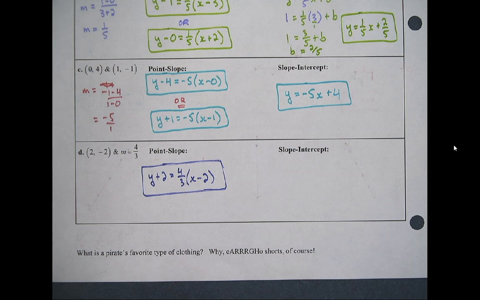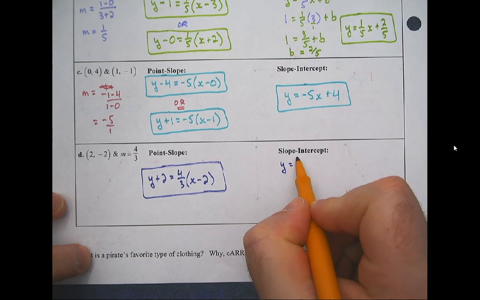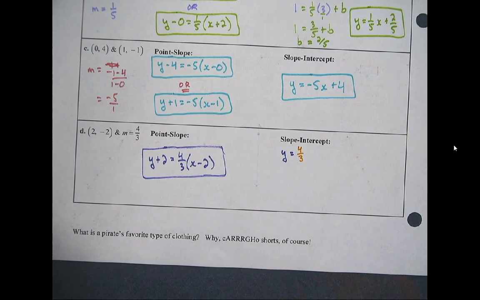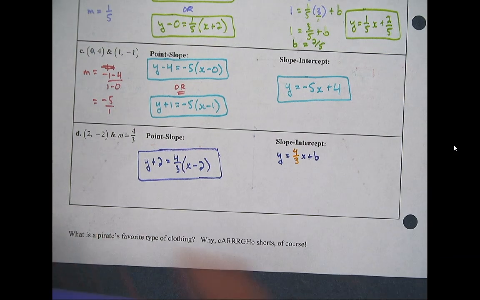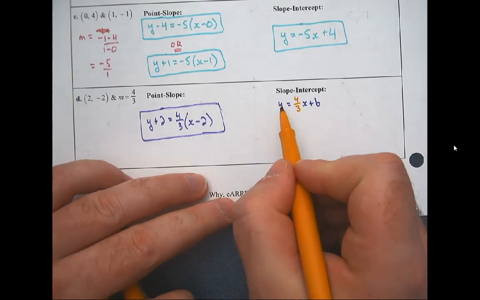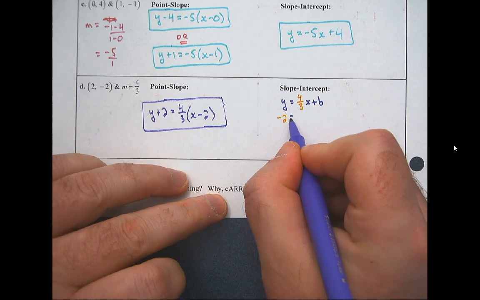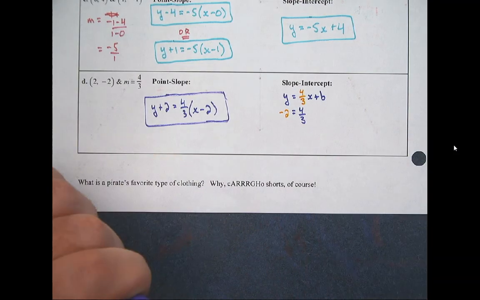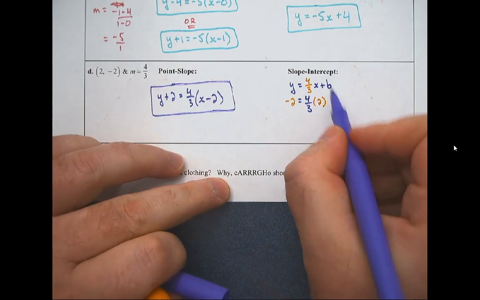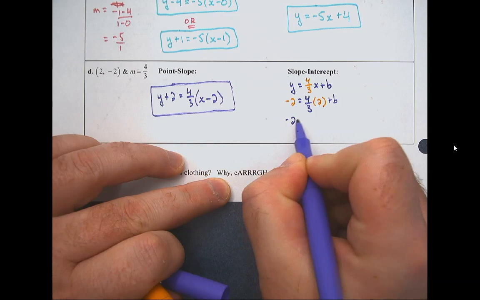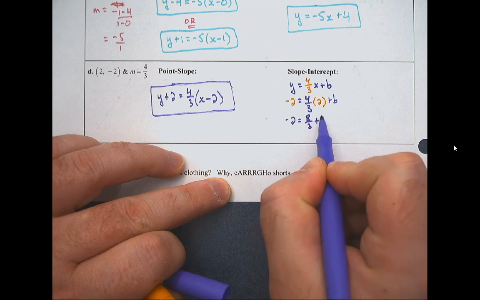So that would look like y equals, slope is 4/3, another fraction, ug, x plus b. I have to now solve for b. So that means they need to tell me what y is, and they told me it was -2. Equals 4/3 times, my x value is +2 plus b. -2 equals, remember this is over 1, so this becomes 8/3 plus b.